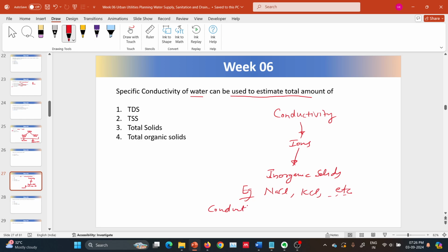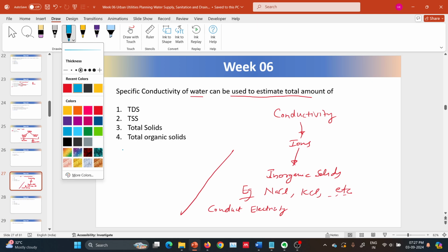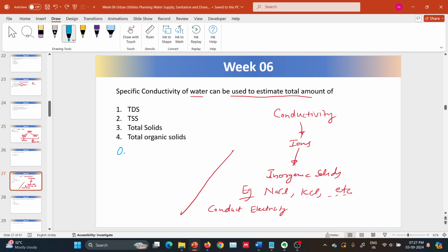Inorganic solids will conduct electricity, but organic solids do not conduct electricity.